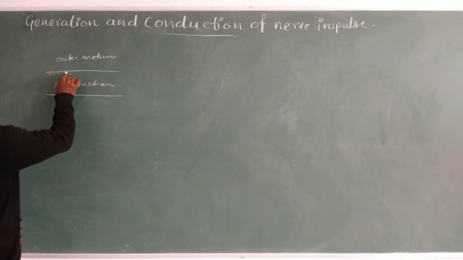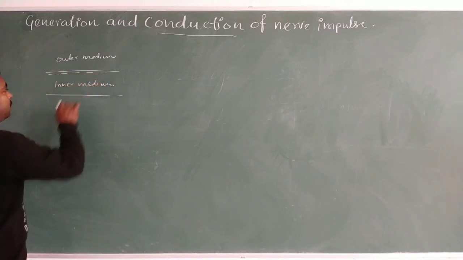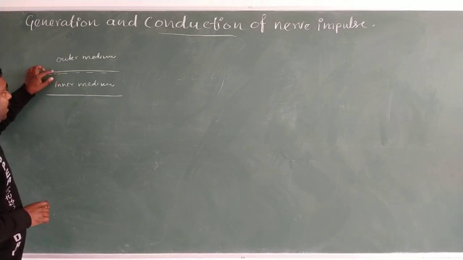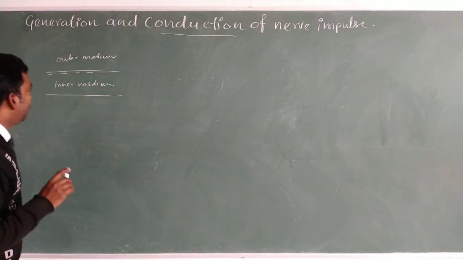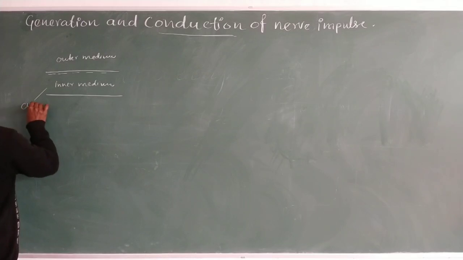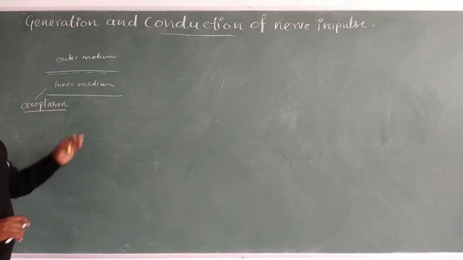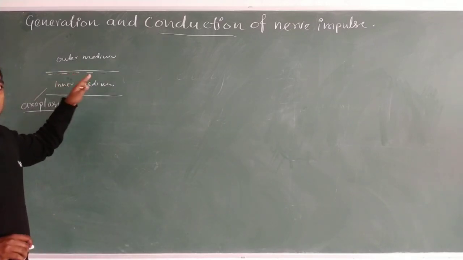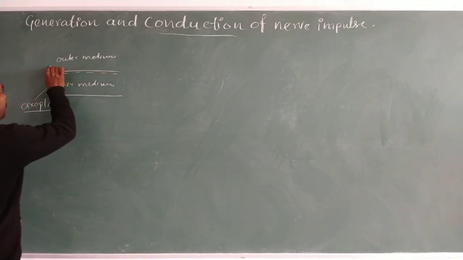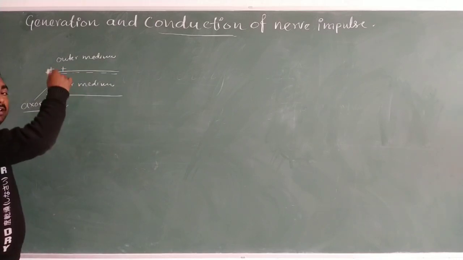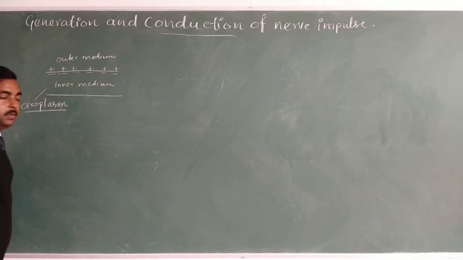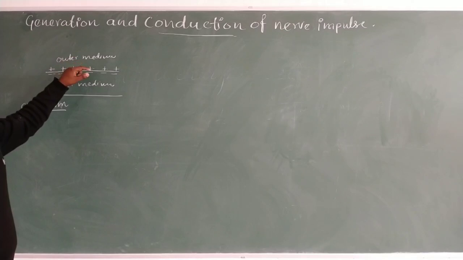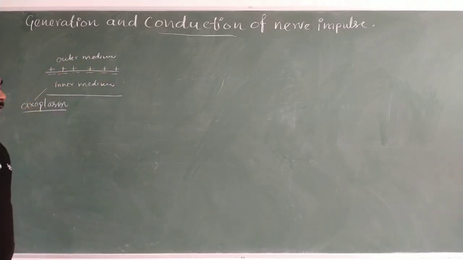If you observe the diagram in the NCERT book, you will find the inner surface inside the plasma membrane, or inside the cytoplasm of the axon, which can also be known as axoplasm. In the axoplasm the ions present are negative, while outside the membrane, in the outer medium, there is positive charge present.